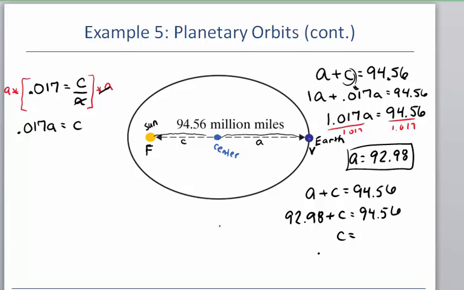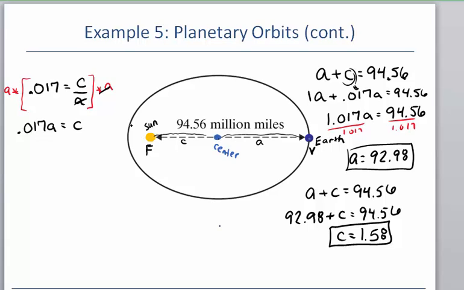That gives me a C value of 1.58. So now I know that the distance from my center to my vertex is 92.98, and the distance from my center to my focus is 1.58.